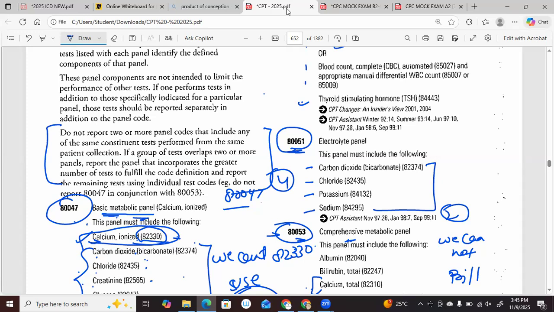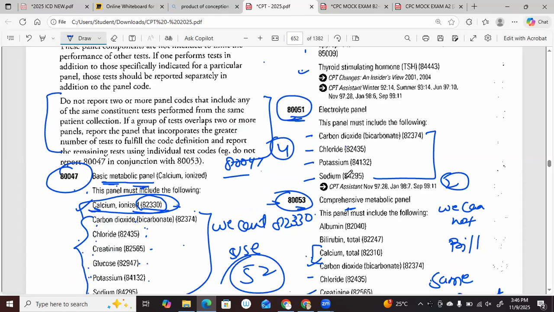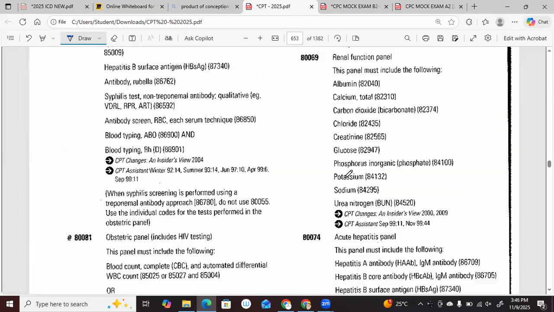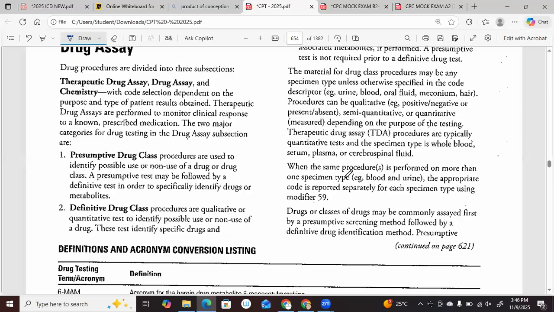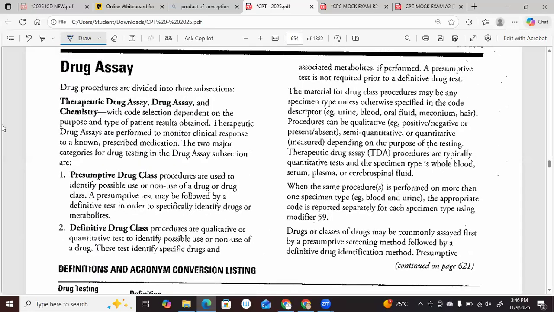Any doubts, any questions in the panel? No, ma'am. Okay. So after panel, our next topic is therapeutic drug assays. We have 2 types of drug assays in the therapeutic drug assays: presumptive and definitive drug class.